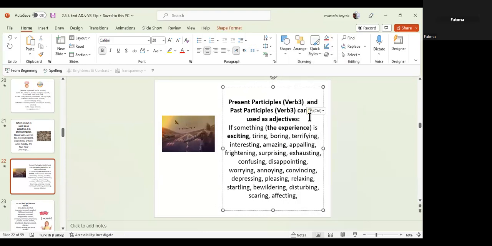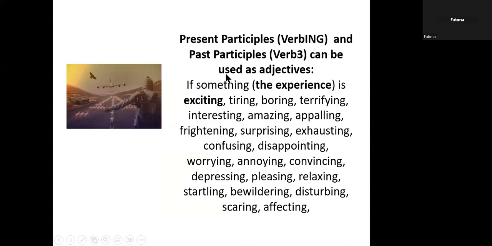Verb ing. Okay. The present participles mean verb ing, and the past participles, verb 3, yes, they are also adjectives. Verb ing is also an adjective. Verb 3 is also an adjective.